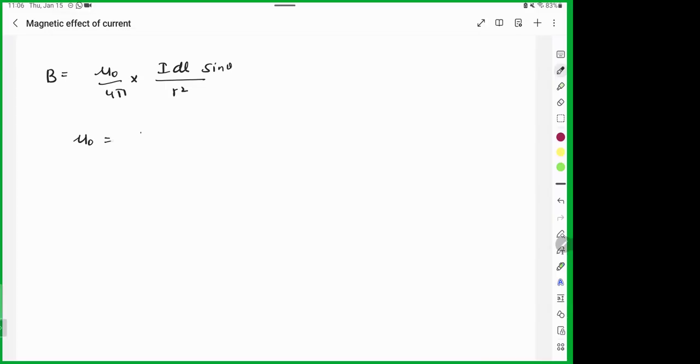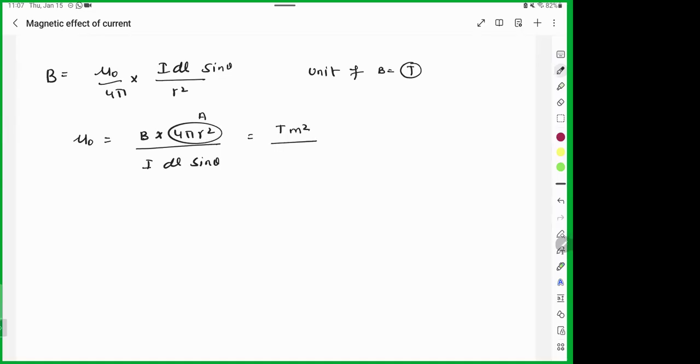So it will be B into 4 pi r square divided by I dl sin theta. Unit of magnetic field is Tesla. So Tesla, and r square is almost like area, so Tesla meter square, divided by current ampere and dl meter. So one meter cancels. This will be Tesla meter per ampere.